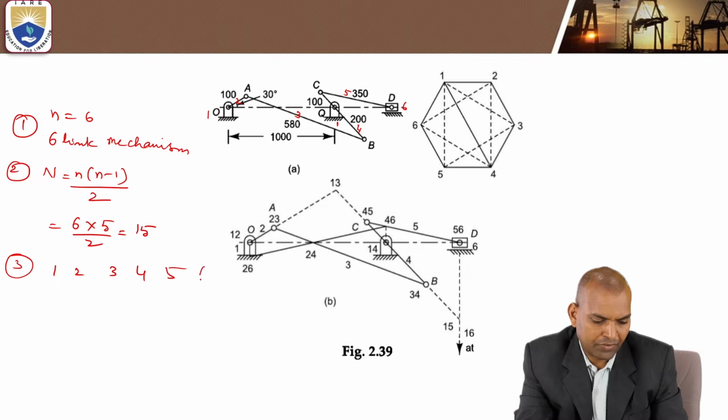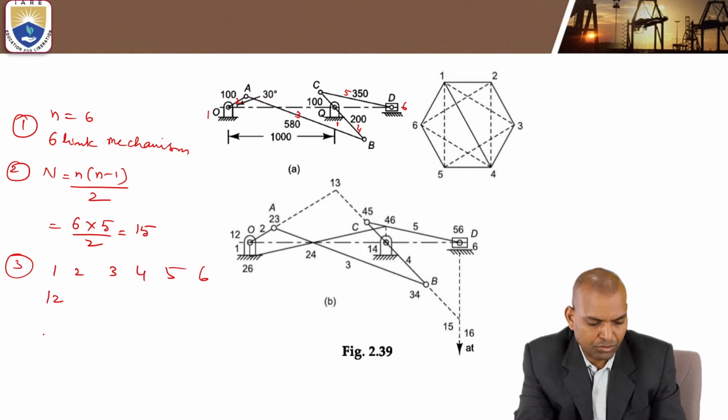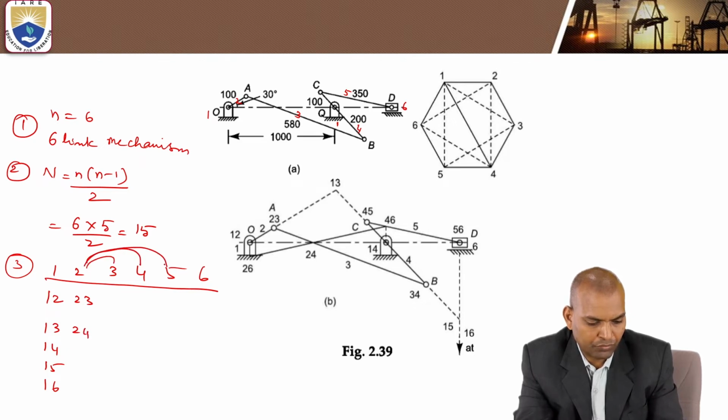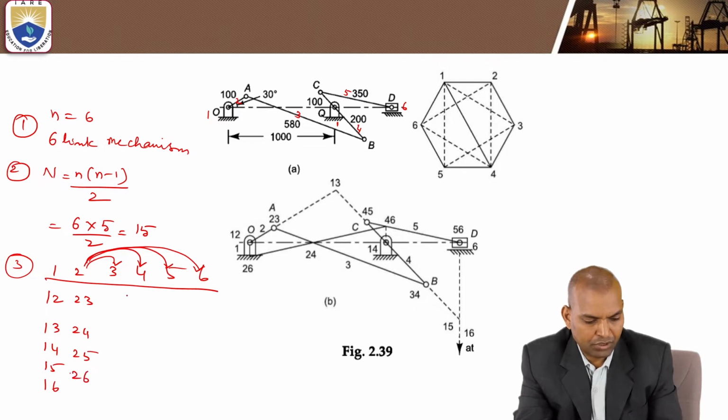1, 2, 3, 4, 5, 6. This horizontal line represents the number of links. Now the combinations: 1 2, 1 3, 1 4, 1 5, 1 6. Next, with 2: 2 3, 2 4, 2 5, and 2 6. Next, with 3: 3 4, 3 5, and 3 6.